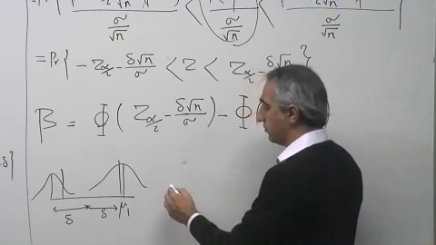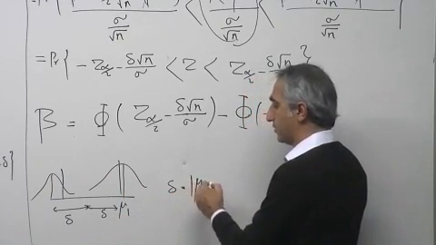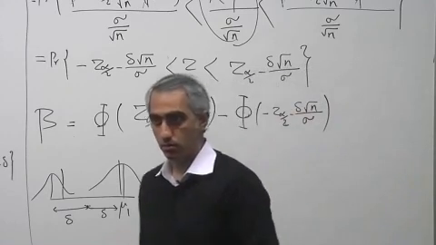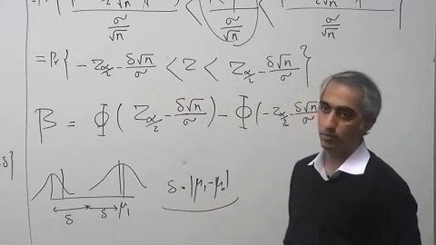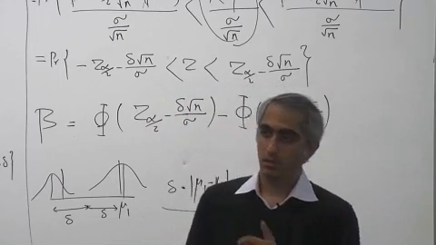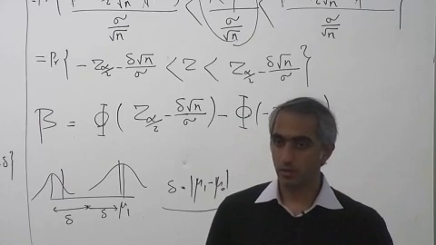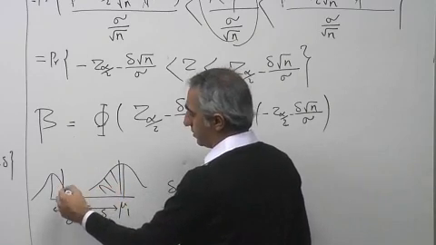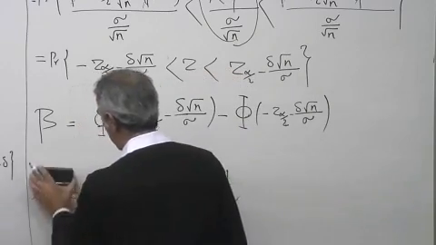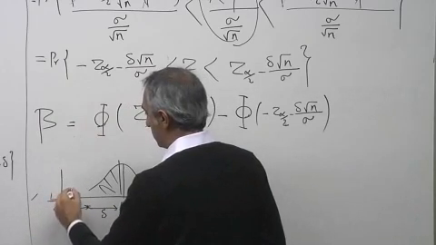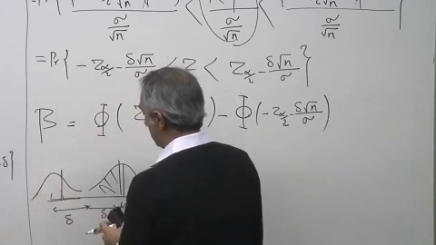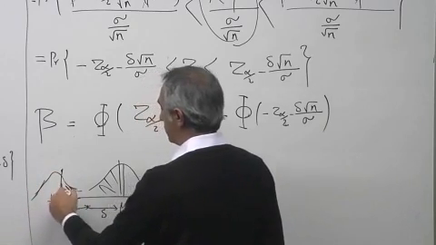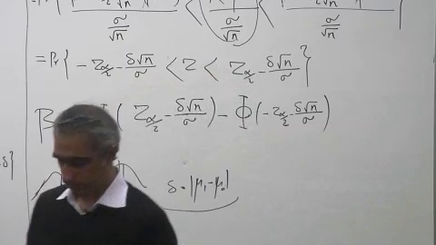That's why sometimes they define delta as the absolute value of mu1 minus mu0 for two-sided, because the direction of change is not important. So this probability and this probability should be the same, but my drawing is very bad, but anyways. These two probabilities should be the same because of the symmetry of normal distribution.